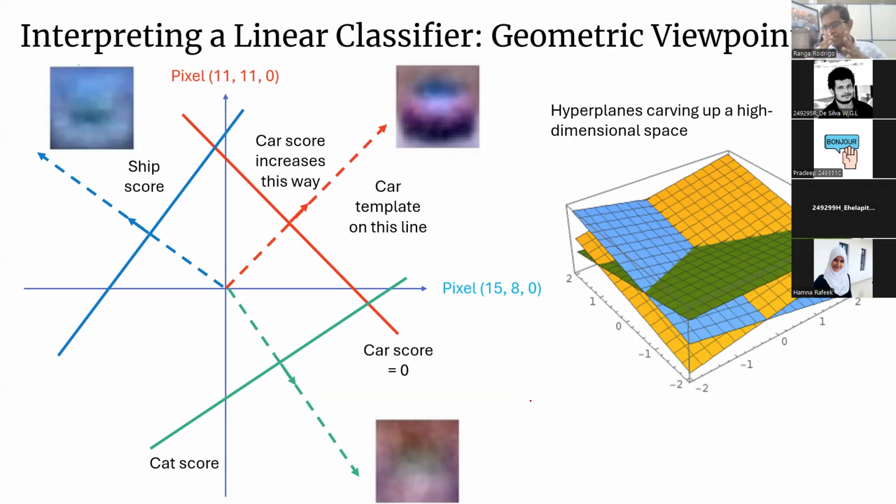Then you can see this is a very high dimensional space. Within that space, these hyperplanes, whichever is highest, that region where that hyperplane has the highest value will be the domain of that corresponding class. Okay, I hope it is clear to you.